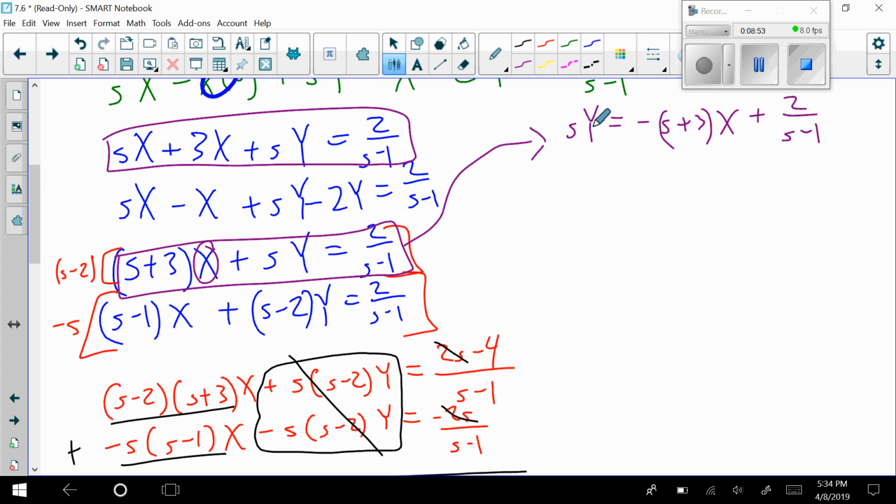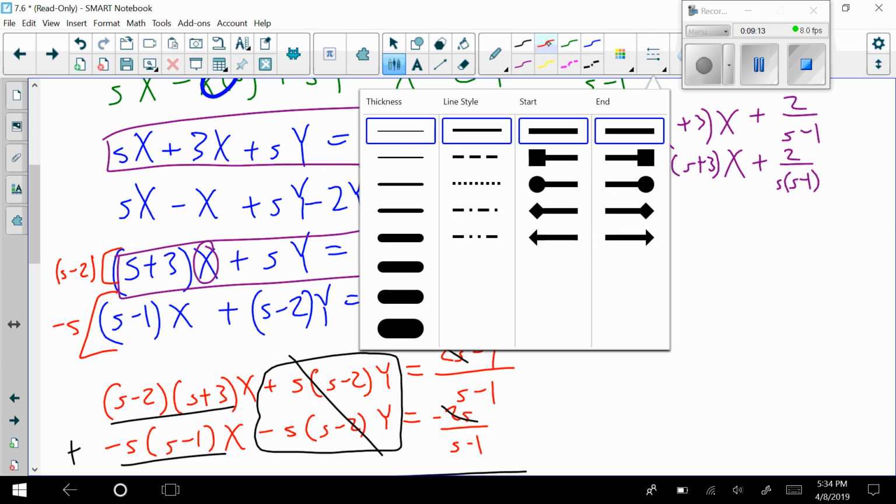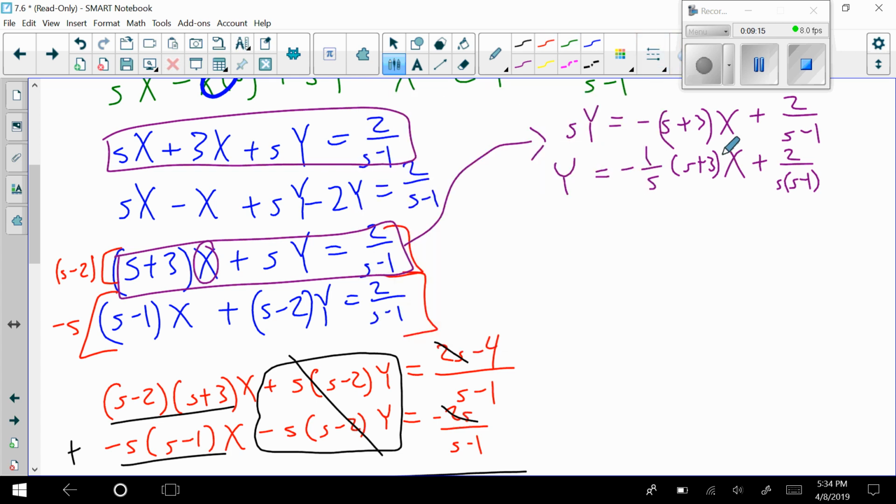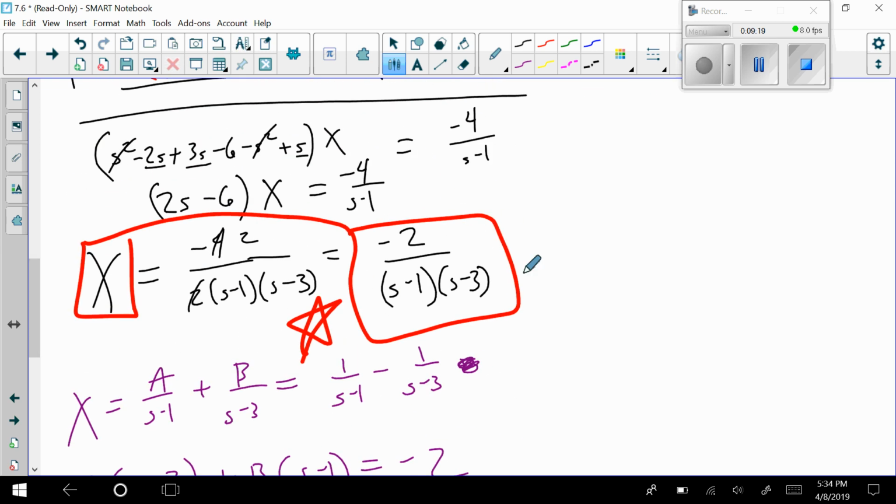Now I divide by s, right? So this is y equals negative 1 over s times s plus 3 big X plus 2 over s times s minus 1. Right, now y is by itself. And when I go in here, I'm going to leave everything else the same, but this x right here is coming out, and this thing down here is going in its spot.